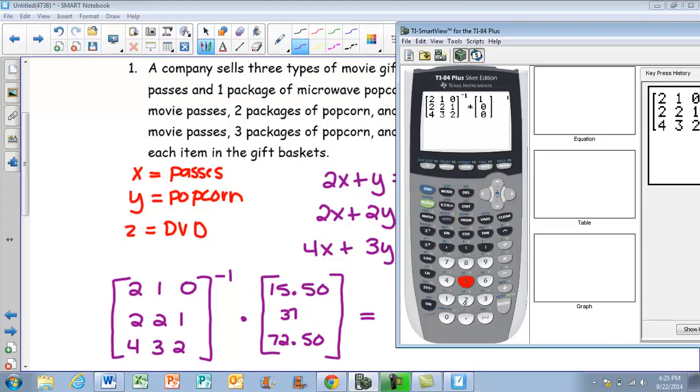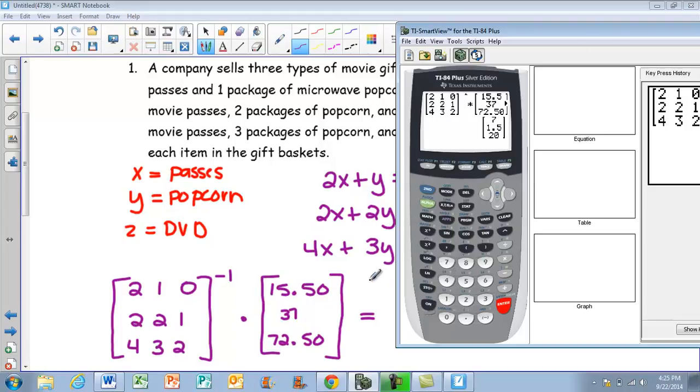So I have 15.5, 37, and 72.50. Alright, so this matrix here, 7, 1.5, and 20, gives me the prices of each.